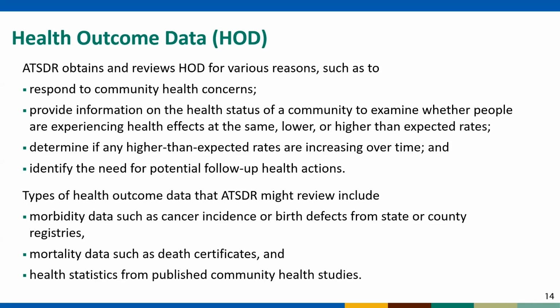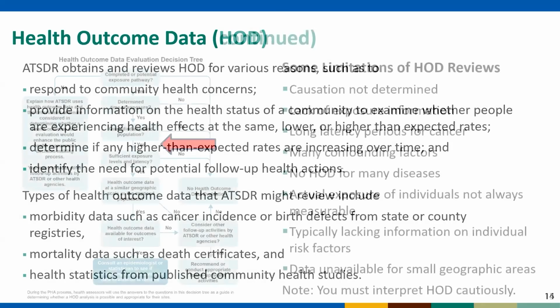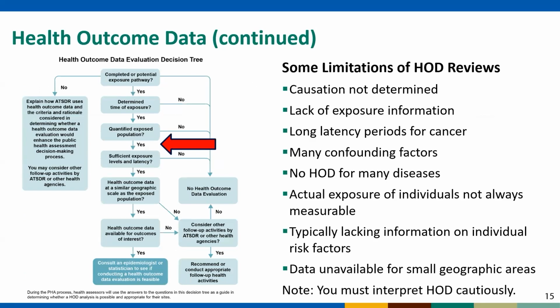Please note that a separate HOD section in a health consultation or a PHA is not required. However, it is required that we consider evaluating HOD using the decision criteria set up by ATSDR. This slide includes the decision tree that health assessors should use to determine whether HOD reviews should or could be done during the PHA process.